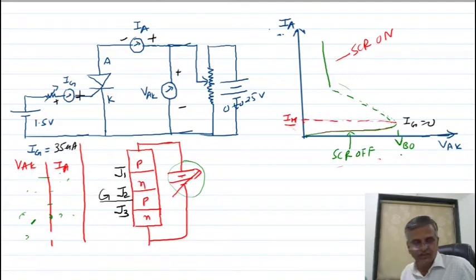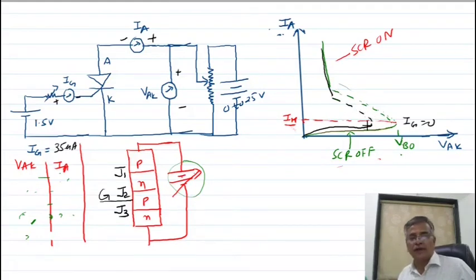Say the gate current increases. As the gate current increases, then VBO decreases. Means you will get the graph of IA versus VO, so VBO decreases.